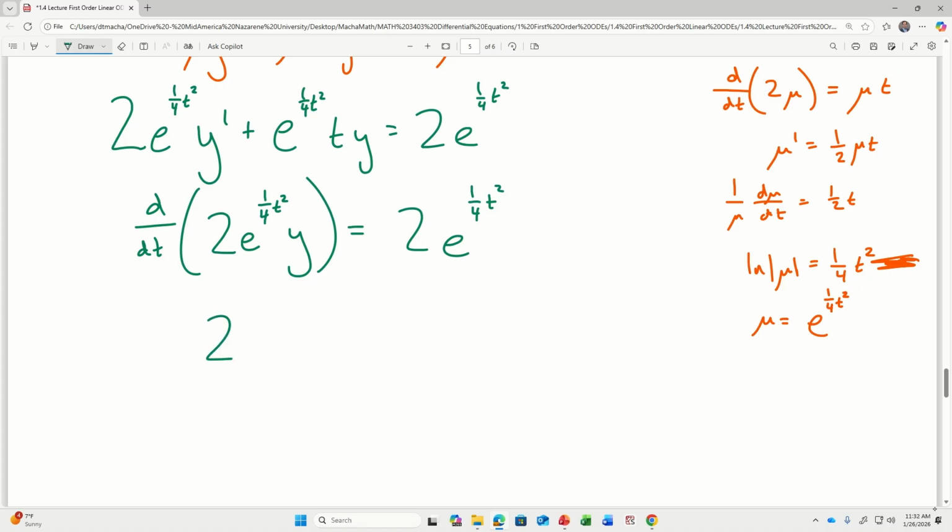And on the left side, the antiderivative just cancels out the derivative. No issue. On the right side, my problem becomes this. How do I take the antiderivative of e to the 1/4 t squared?